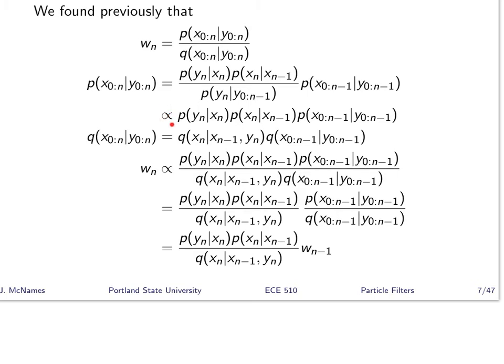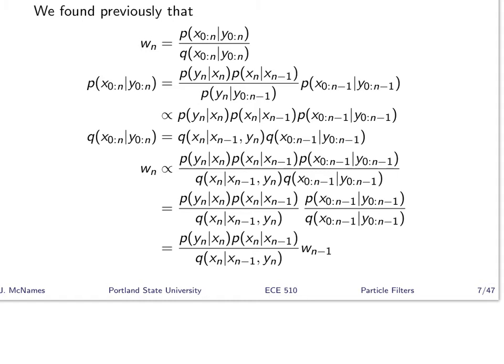And this whole thing is proportional to these 3 terms on top. I'm just dropping this bottom term because it doesn't depend on x. And so this is where we have that constant term that we're going to have to deal with by normalizing the weights downstream. So now what we're actually working with is not the actual posterior probability, but something that is proportional to that posterior probability.